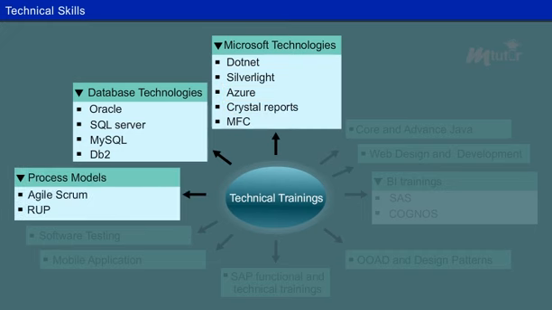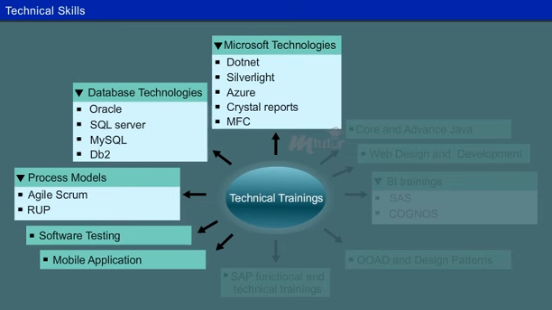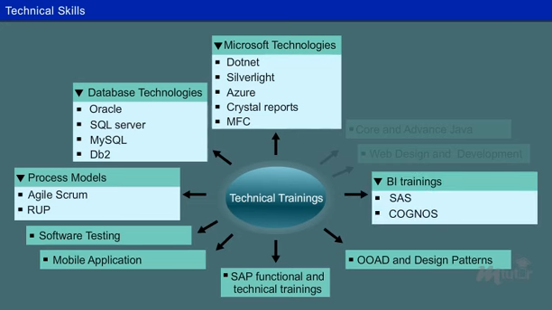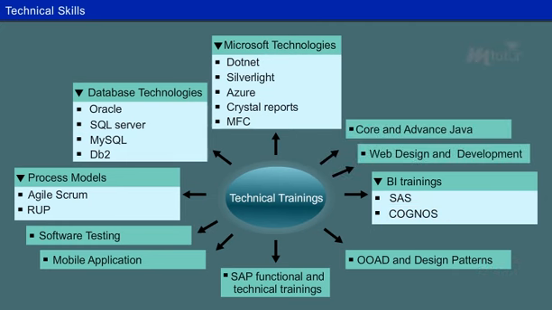Process models, Agile Scrum, RUP. Software testing, mobile application, SAP functional and technical trainings, OOAD and design patterns, BI trainings, SAS, Cognos, web design and development, core and advanced Java.